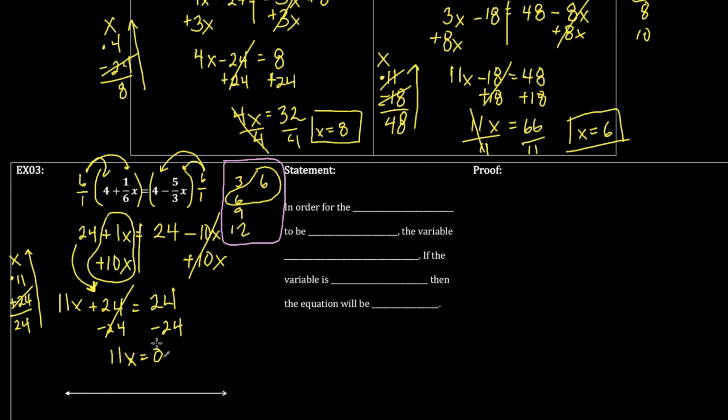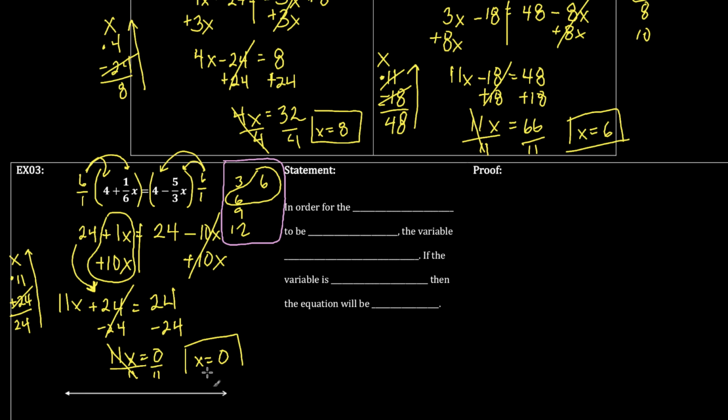That might seem weird. That's probably why I'm showing it to you. But then I divide by 11, and I get x equals 0 divided by 11, 0. Maybe I can make that a little nicer.